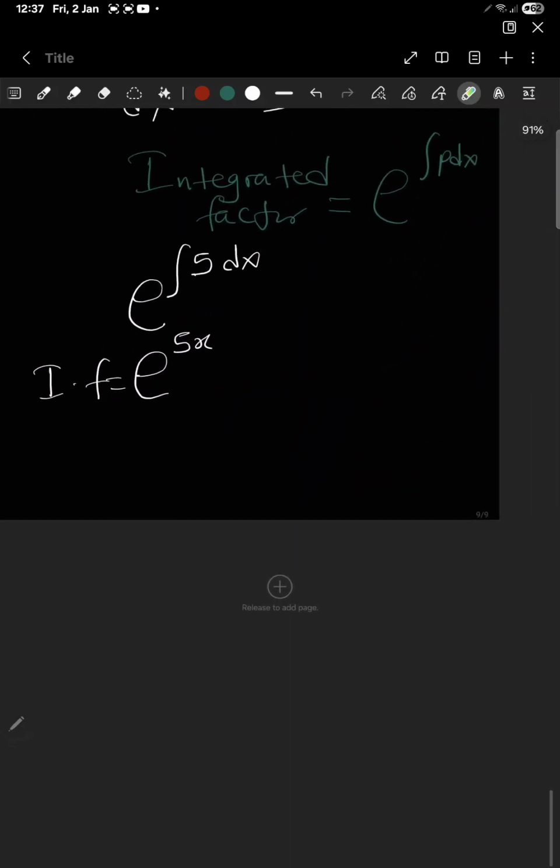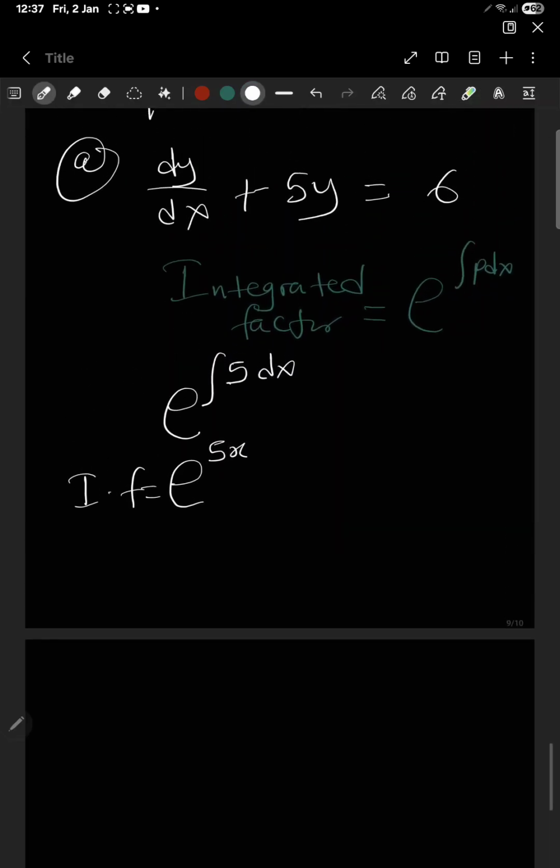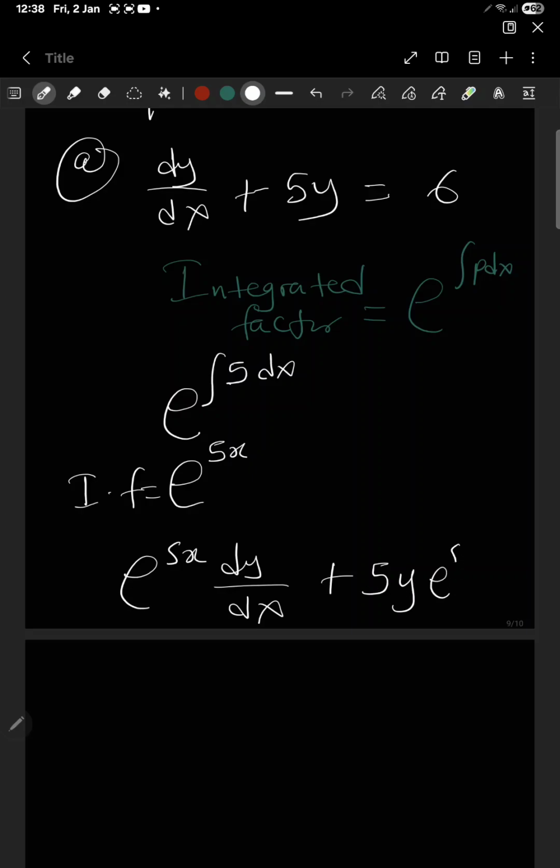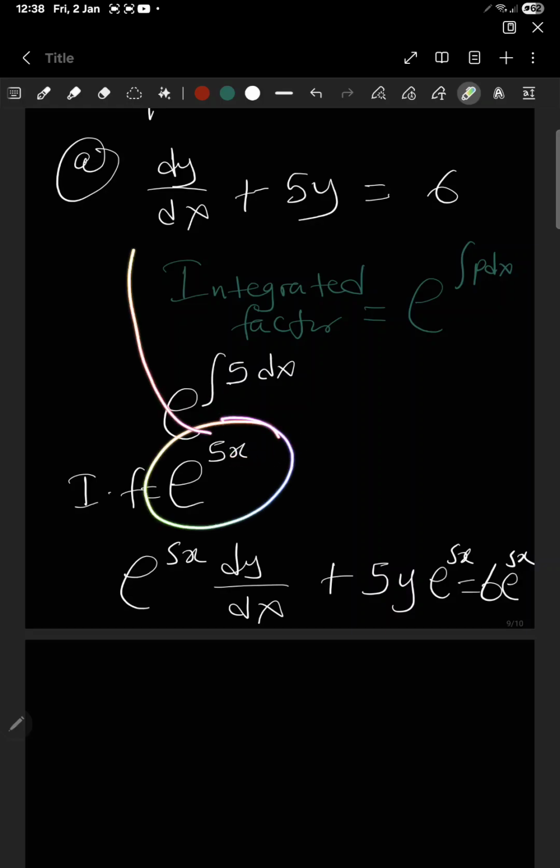By doing that, we are going to have e^(5x) dy/dx + 5y e^(5x) = 6e^(5x). I'm saying that after you get this integrating factor, which is your e^(5x), it is multiplied to this side of the equation, and also multiplied to that side of the equation.